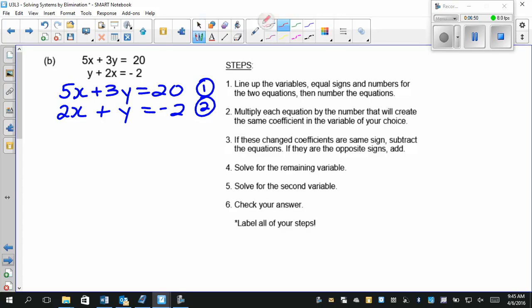Now, we don't have the same number in front of the x's. We don't have the same number in front of the y's. So I have to multiply one or both of the equations by a number to try and create the same number in front of the x's or the y's. And the reason we can do that is that if we multiply every term in an equation by the same number, we really haven't changed the equation at all.